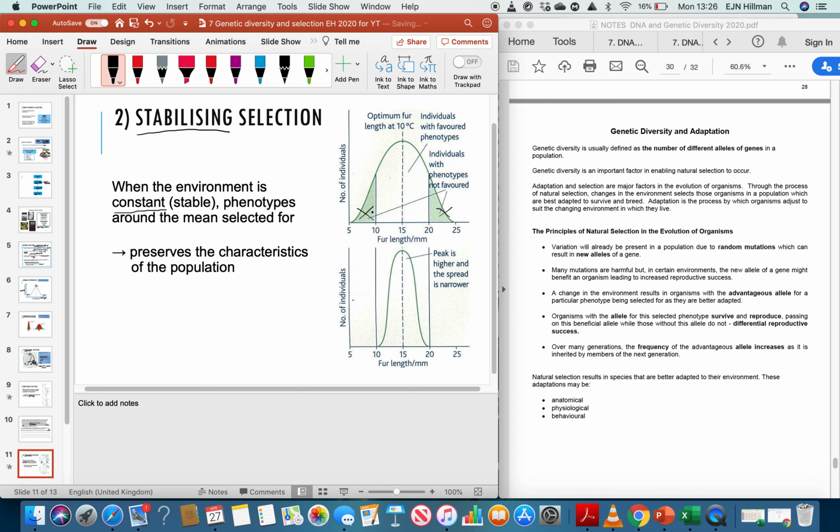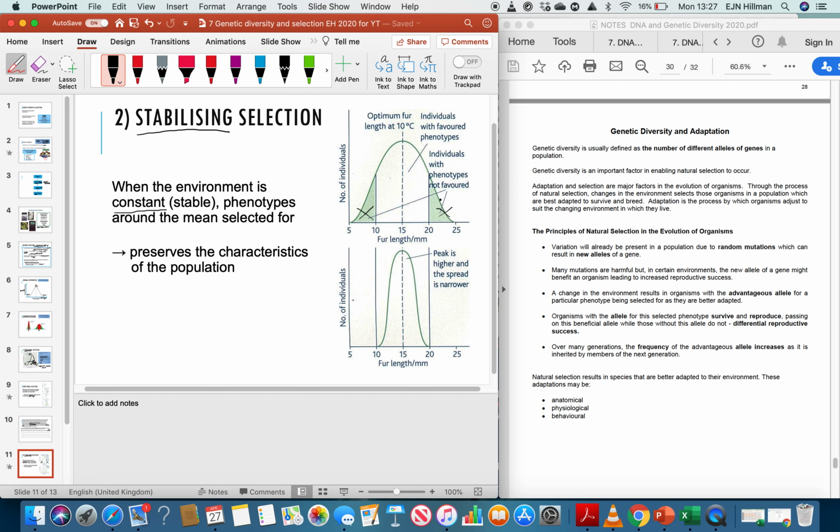The alleles at the extremes are the disadvantageous ones, and they are selected against. Therefore, the phenotypes at the extremes are selected against, and a greater proportion of the population have alleles which give the phenotype close to the mean.